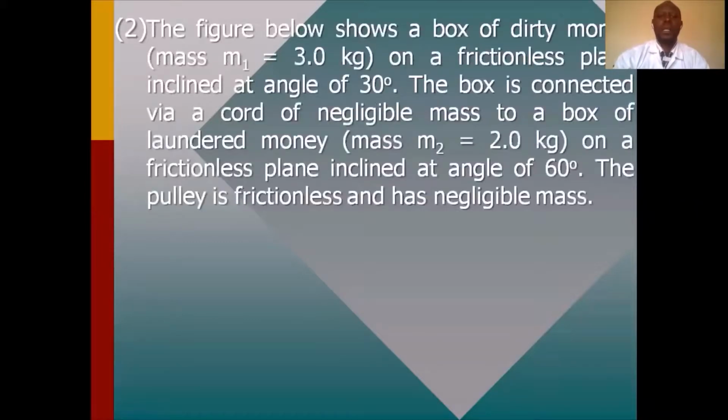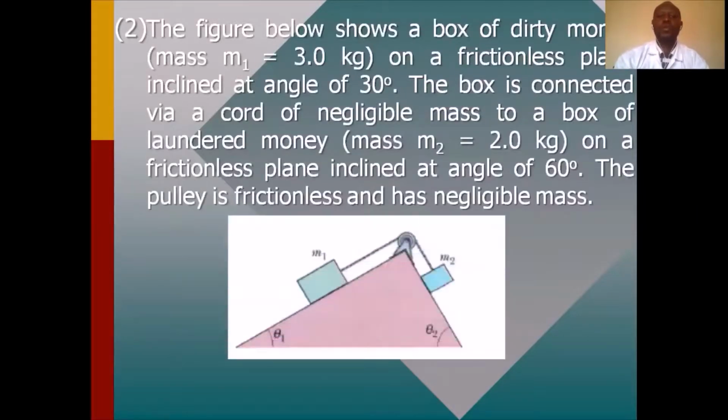The second example: the figure below shows a box of dirty money of 3 kilograms. The mass 1 is 3 kilograms. It is on a frictionless plane, and the plane is inclined at 30 degrees. The angle θ1 is equal to 30 degrees.